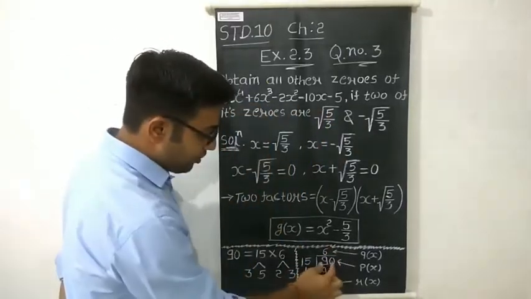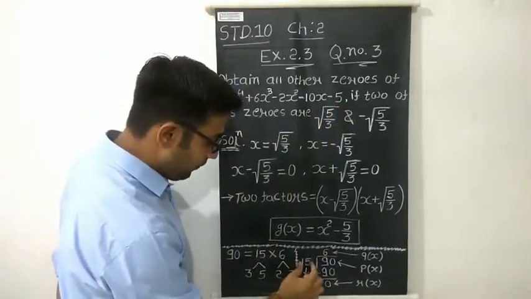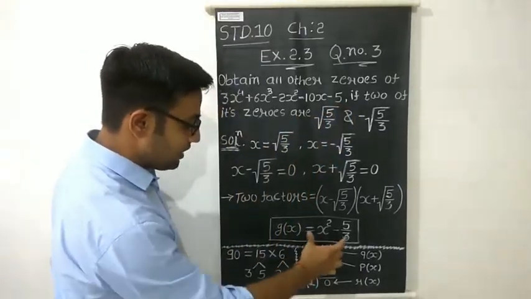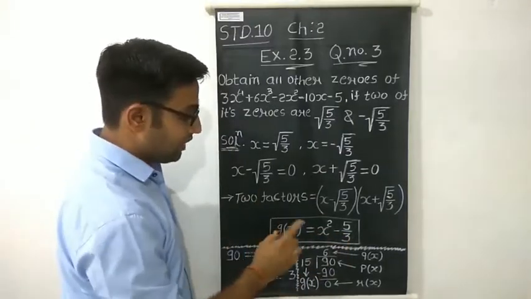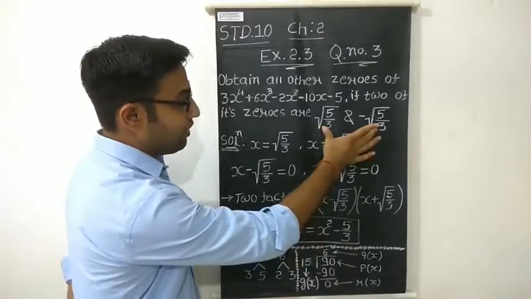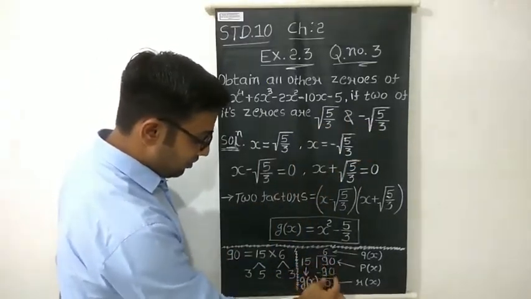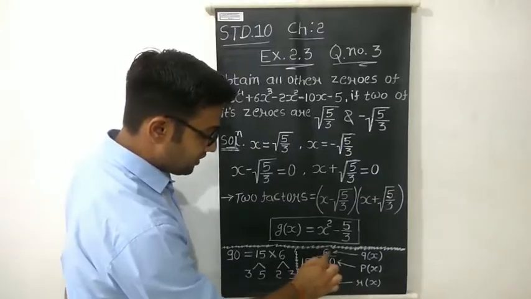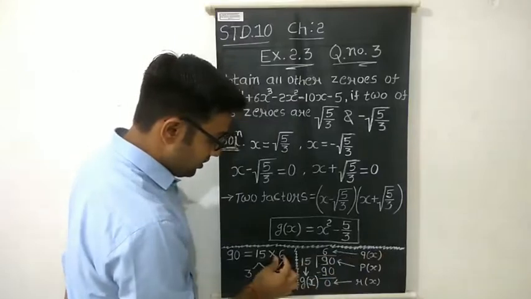Instead of 90 we have this polynomial, and instead of 15 we now have the polynomial x square minus 5 upon 3 that we get from these two given zeros. By this process we get 6 as a quotient.